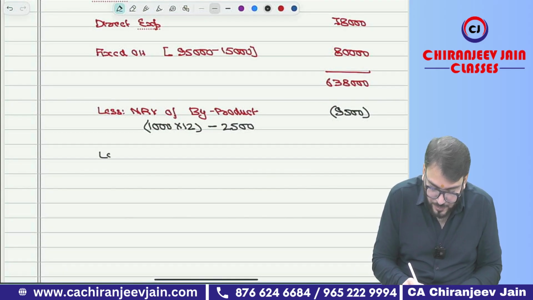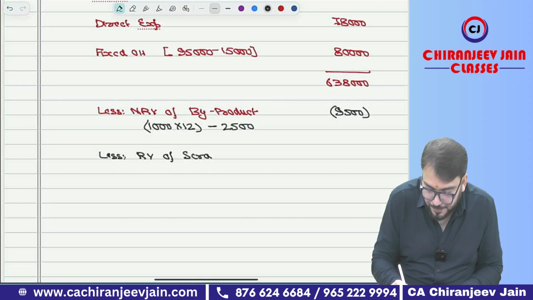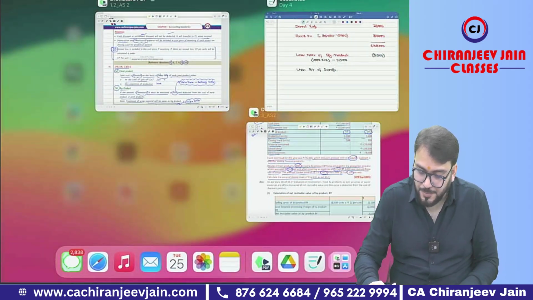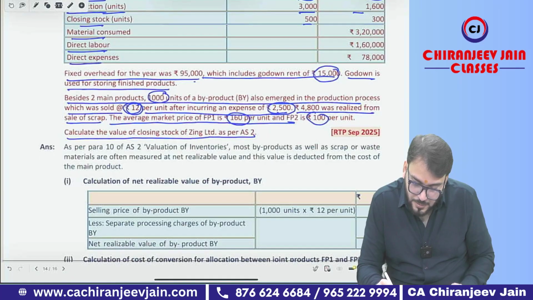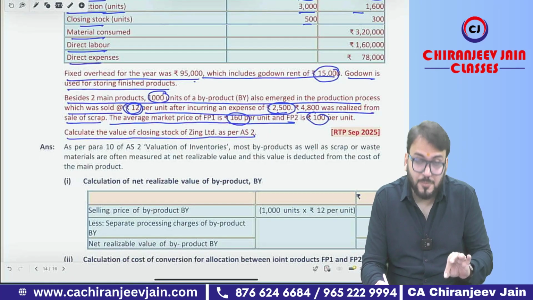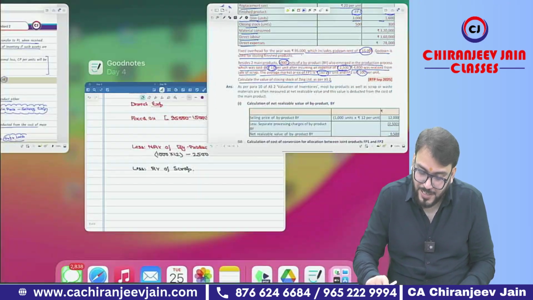Similarly, from this we'll also deduct the realizable value of scrap, which is also given. 4,800 was realized from the sale of scrap, so 4,800.